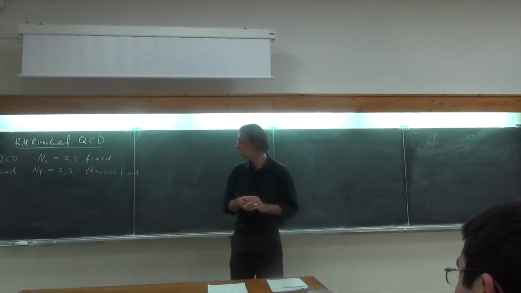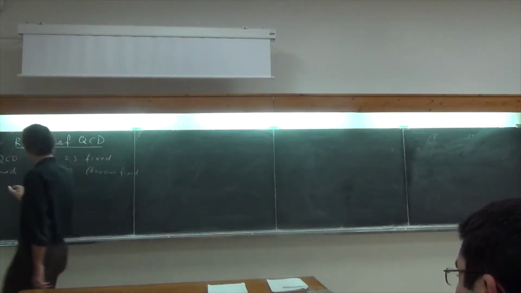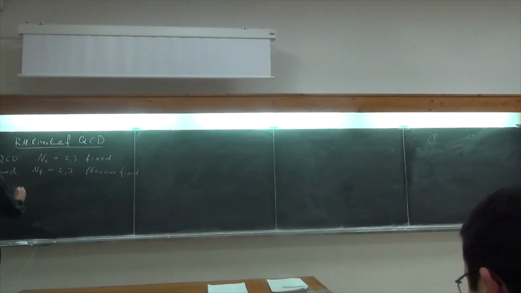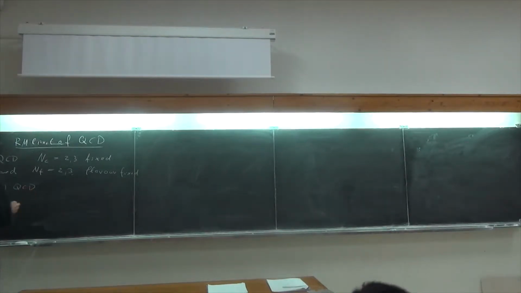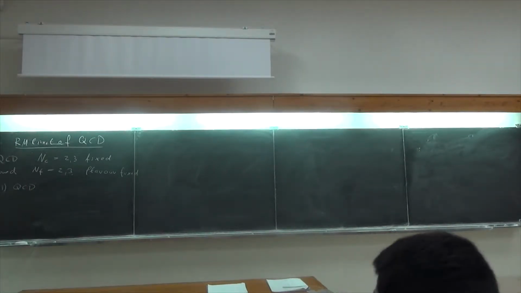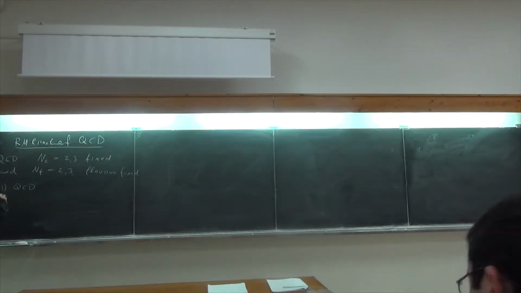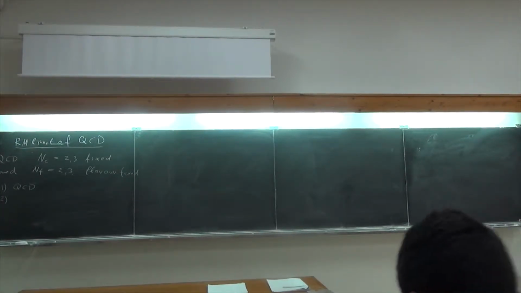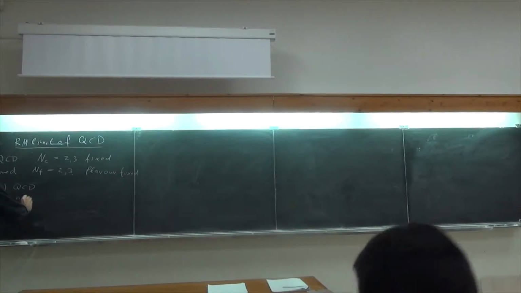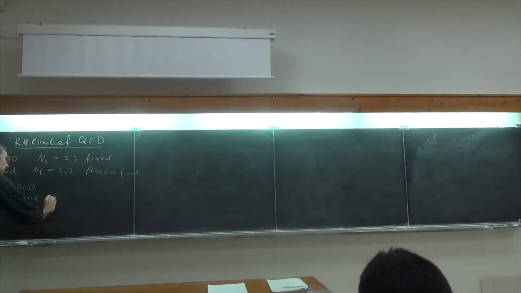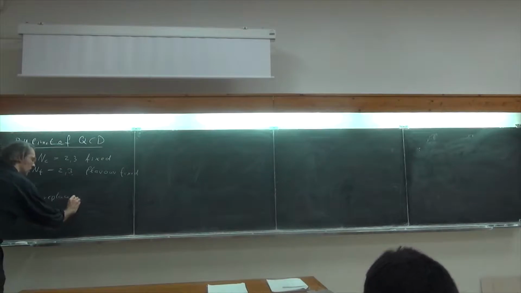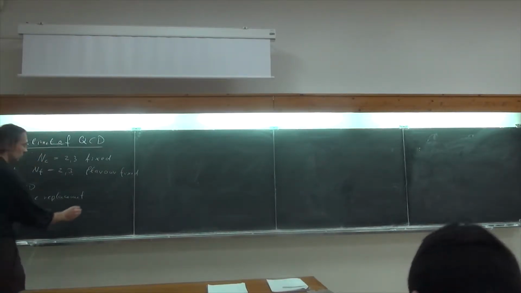So the steps I want to take: first we'll massage QCD a bit so that it is in a form where we can do a replacement. Then, in the second step, I will do a naive replacement of the QCD partition function by a random matrix model.